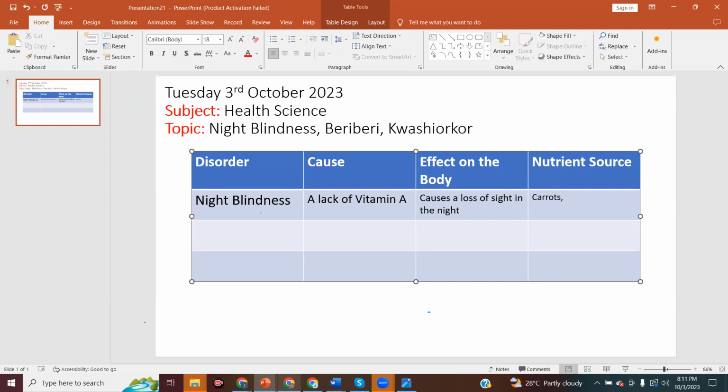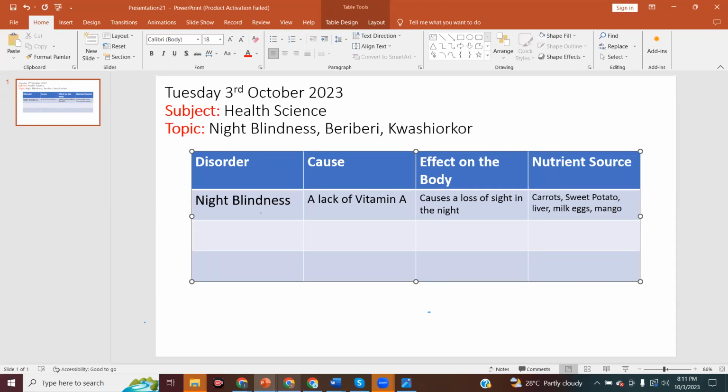Very good, sweet potato is good. You also get it from liver, milk, spinach, eggs, and mango.